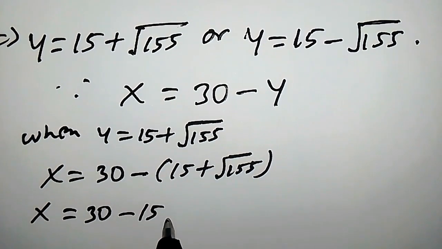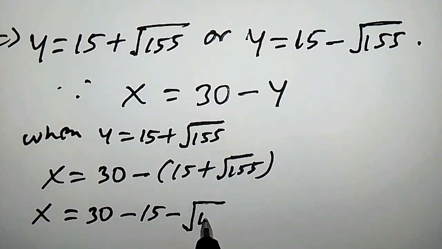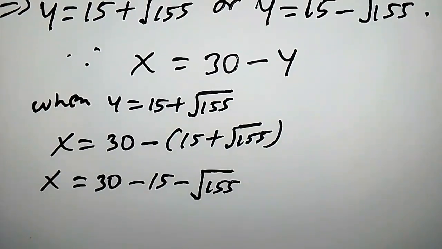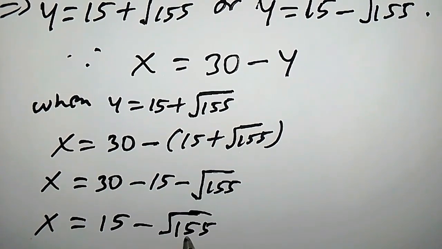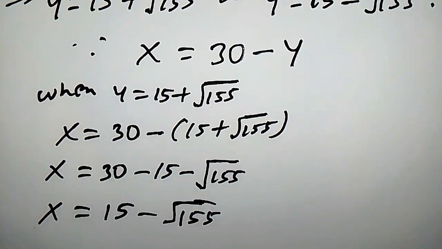Minus times plus, that is minus root 155. x equals 30 minus 15, that is simply 15 minus root 155. This is the value of x.